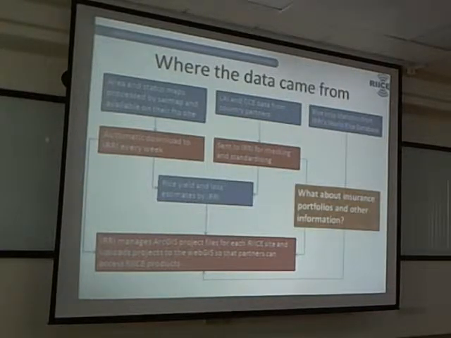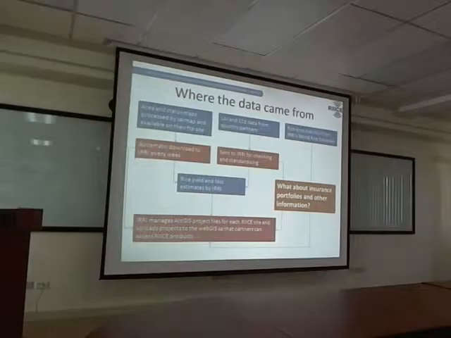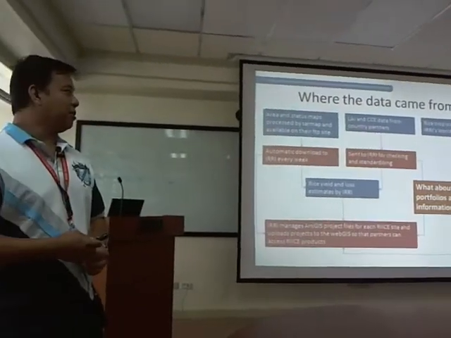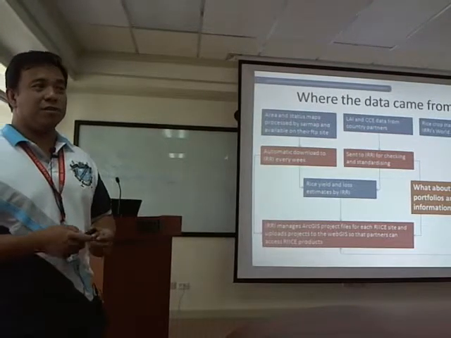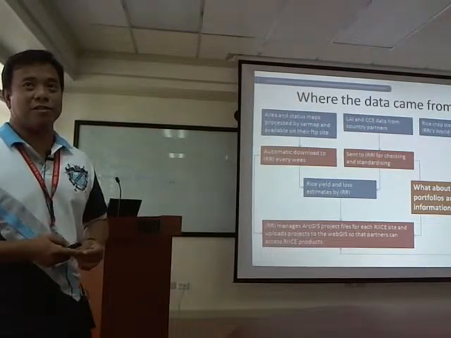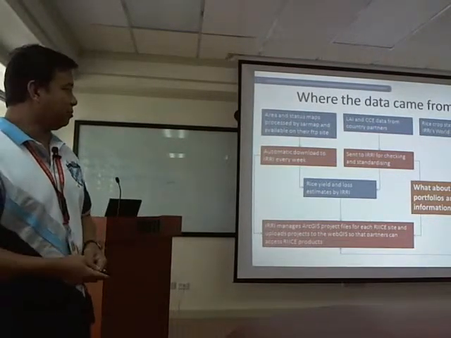Insurance information, we have just a subset, not the entire data collection, because this is just a proof of concept, and we want our partners to see that they could infuse their insurance in such a platform.